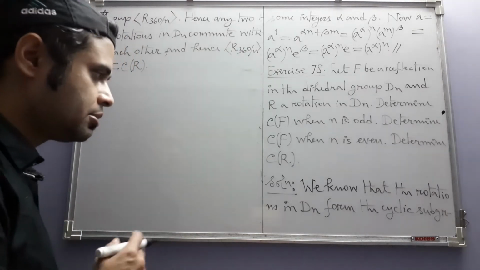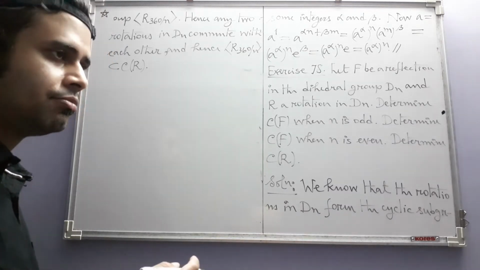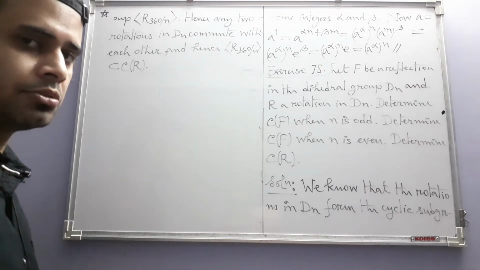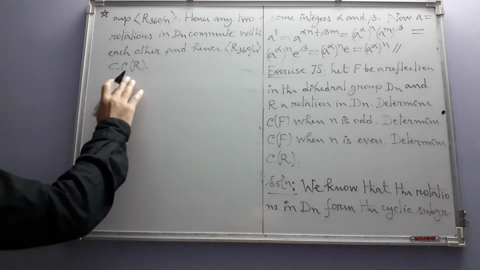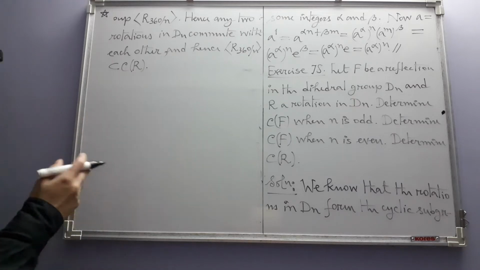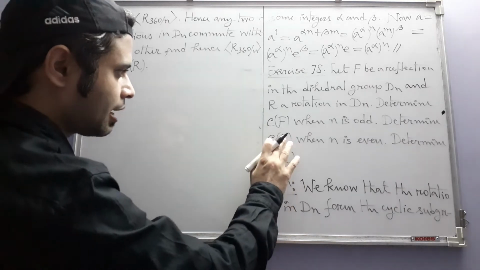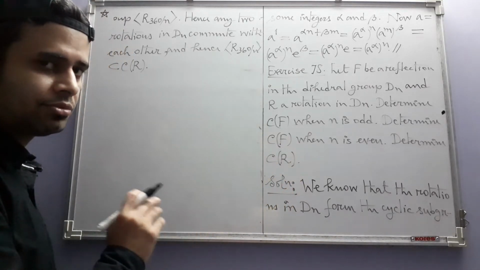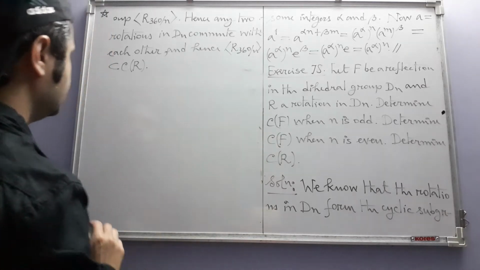We will now have to see when a rotation commutes with a reflection and when two reflections commute. These are the two things we are now going to see. So this we will do in general for an arbitrary rotation and an arbitrary reflection, because the F and R we have here, they are fixed, they have already been chosen in Dn.